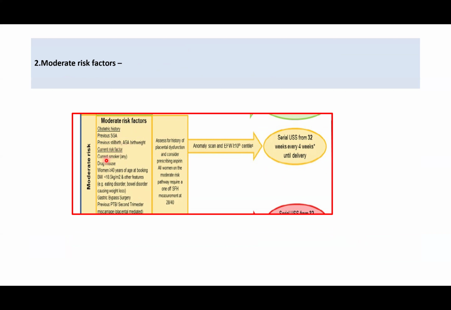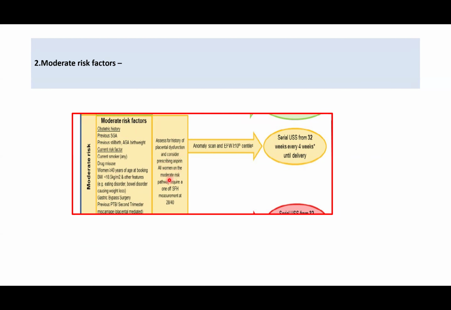Current risk factors, when we ask about the social history: smoking, any drug misuse, elderly women, 40 years or more of age at booking, BMI less than 18.5, other features like eating disorder, bowel disorder causing weight loss, gastric bypass surgery, and previous preterm birth or second trimester miscarriage which was placenta mediated. Then we have to prescribe aspirin if the history is suggestive of placental dysfunction.